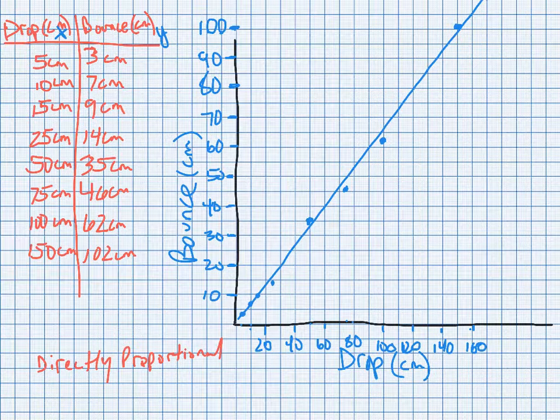How high would you expect the bounce if you drop it from 40 centimeters? So if you're looking at 40 centimeters of drop, we go up to the line, and then we hang a left at the best fit.